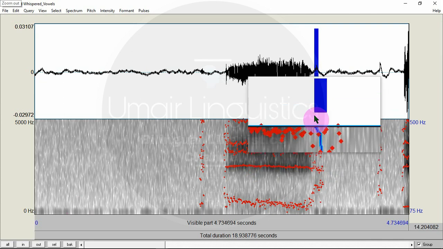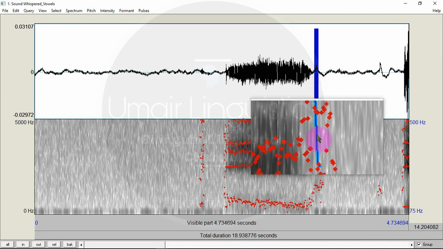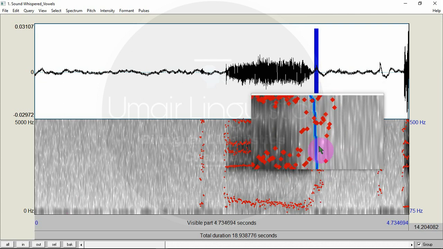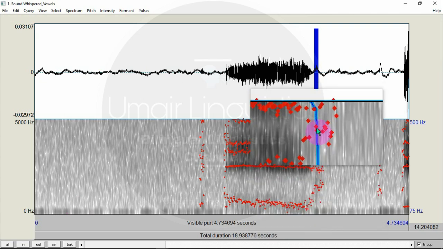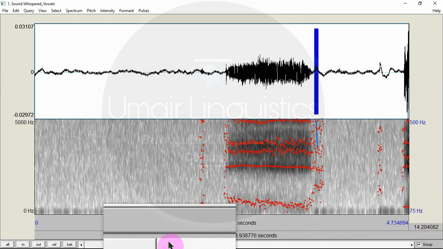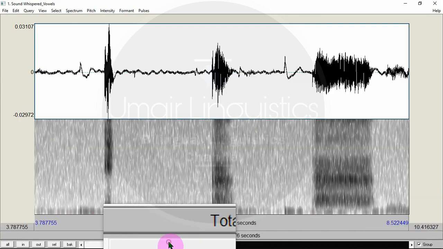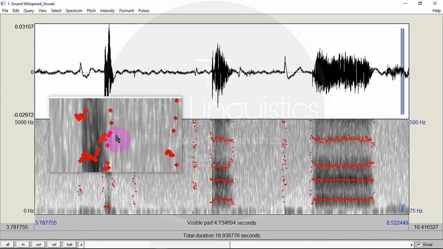So here you can see for E, the pitch is just here and it is very high. Then if we move a little bit forward, after E we have this sound. It is a very short sound.